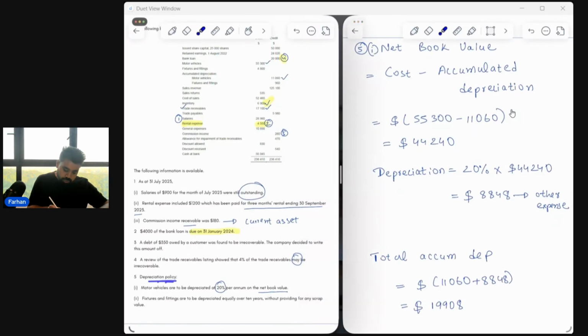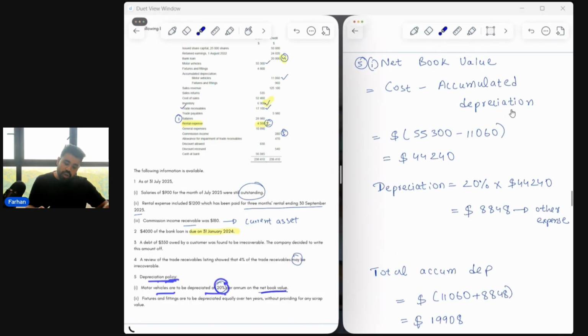Depreciation policy. Motor vehicles are to be depreciated at 20% per annum on the net book value. First of all, how do we calculate the net book value? The net book value is simply the difference between the cost and the accumulated depreciation. The accumulated depreciation of any asset refers to the total depreciation expense for all the years since the asset was first brought into the business.